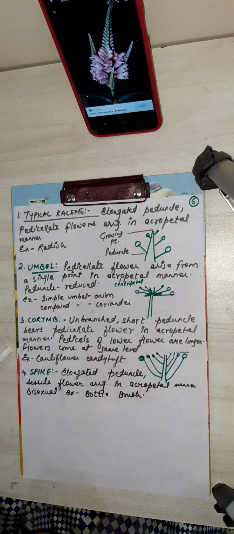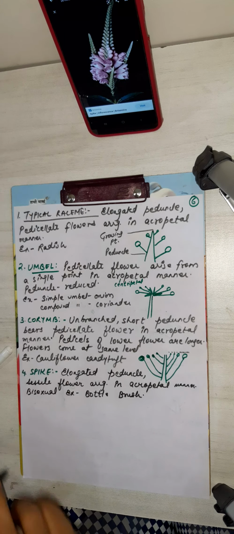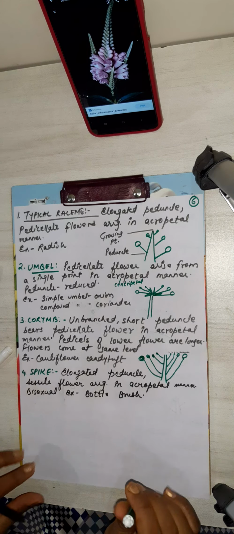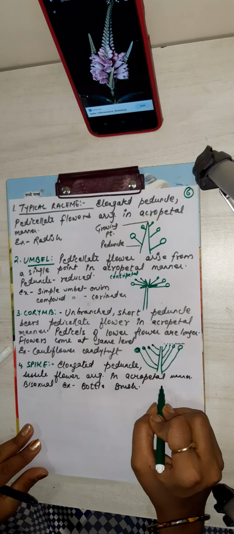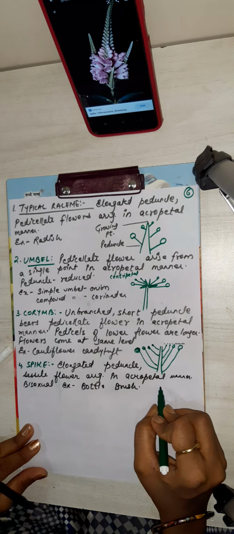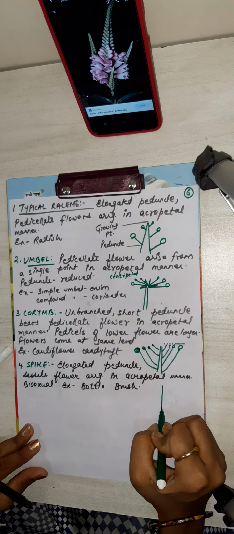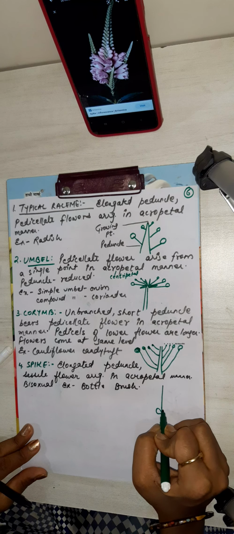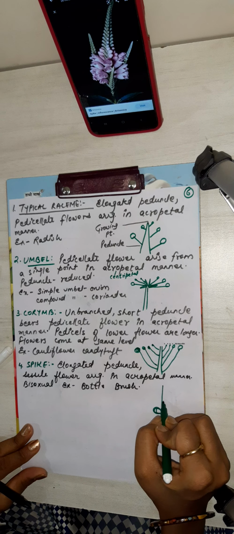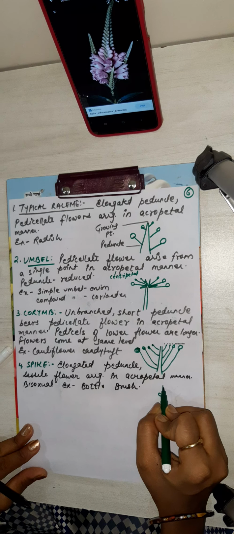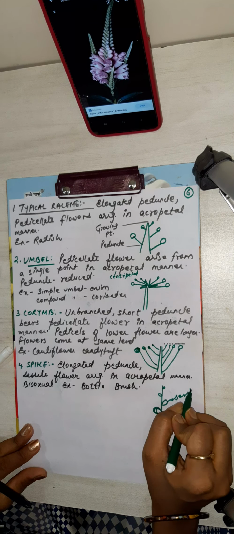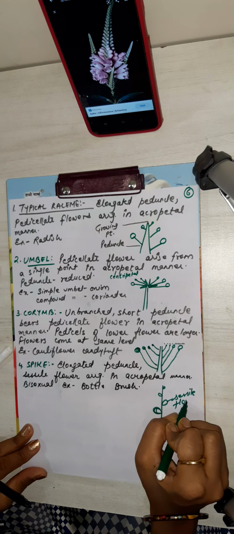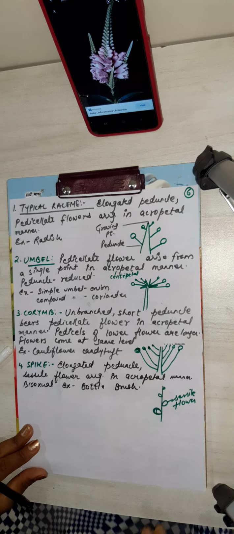Bottle brush. Now have a look at a spike. This you have seen. I have told you. This is sessile flower.